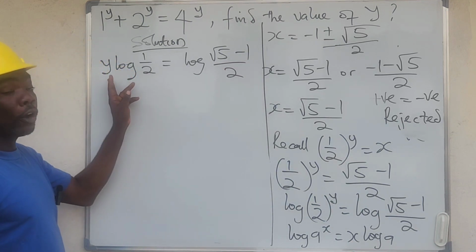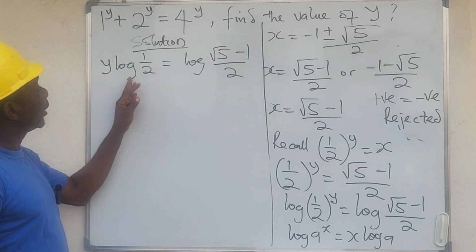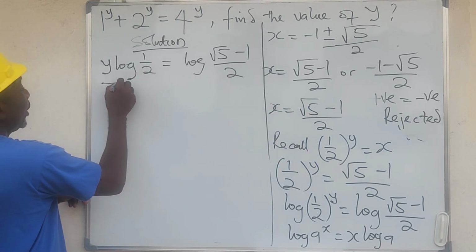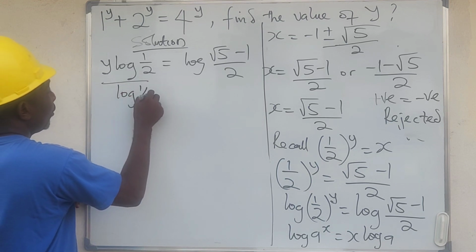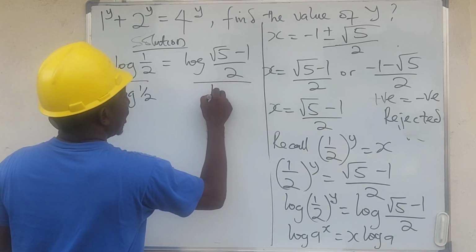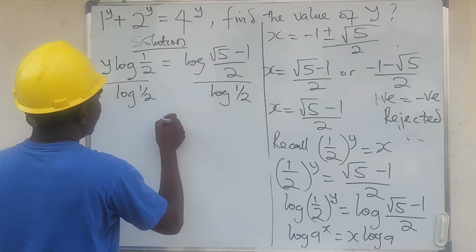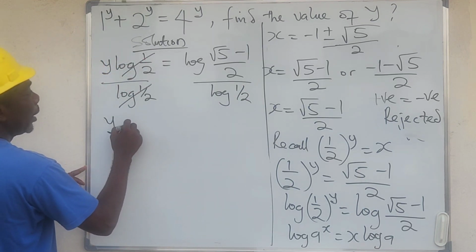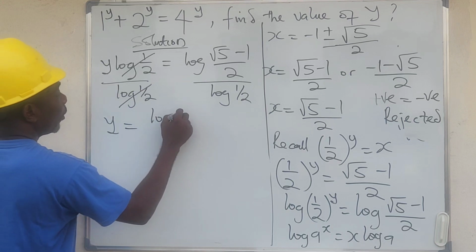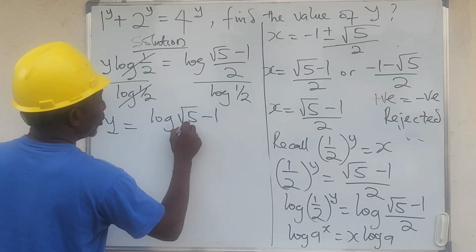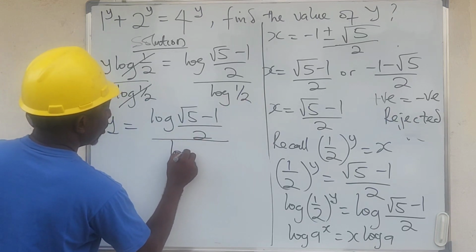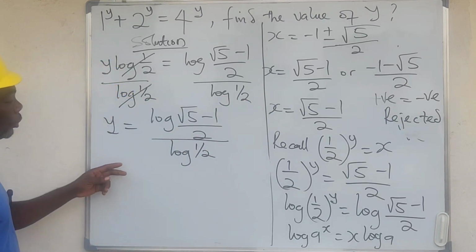For us to find the value of y, we divide all through by log 1 over 2. This one will cancel here, and this one will cancel here. And now we are left with y equals log root 5 minus 1 all over 2, all over log 1 over 2.